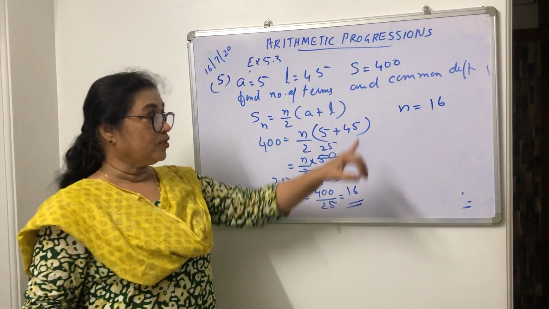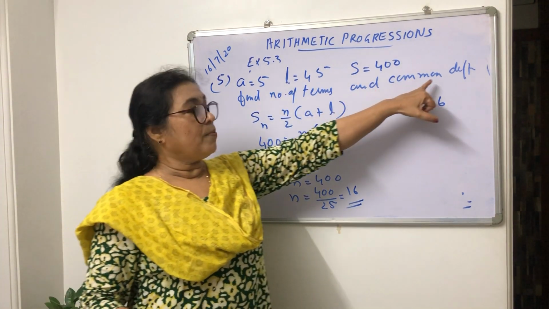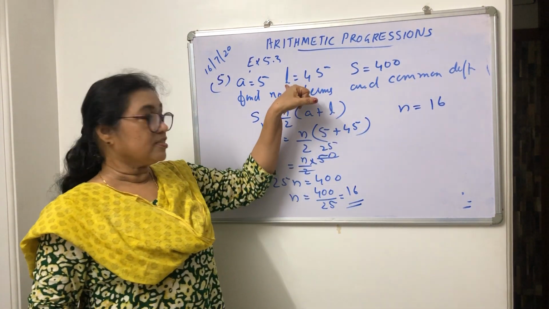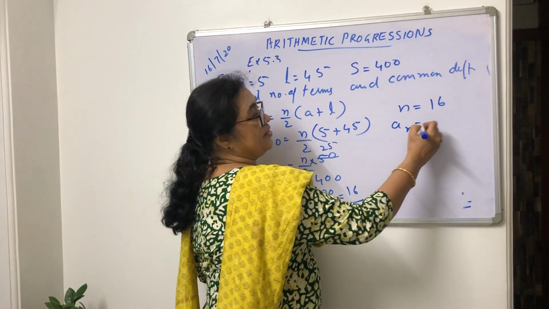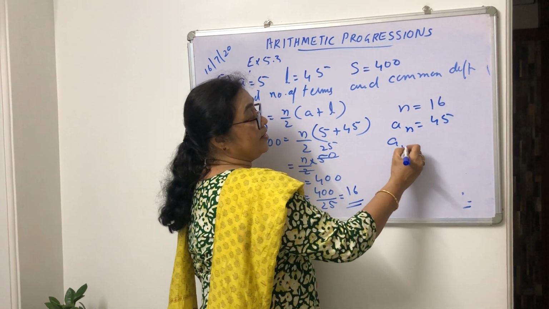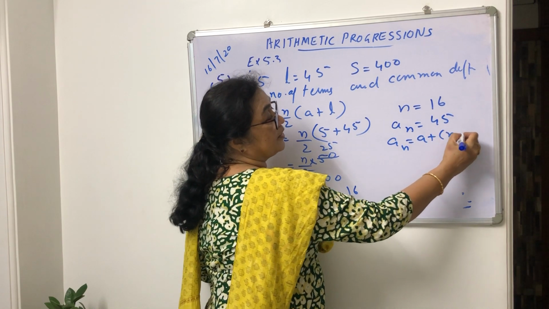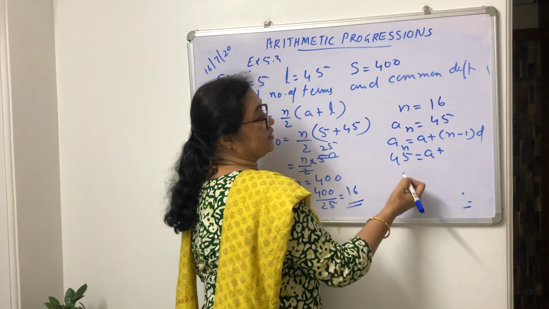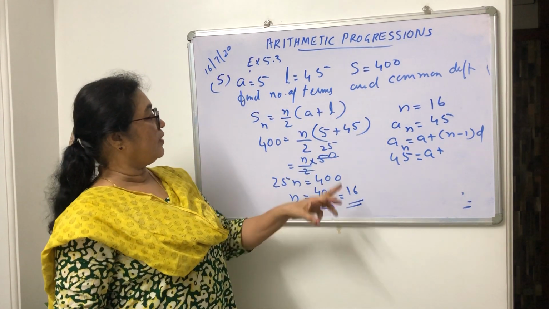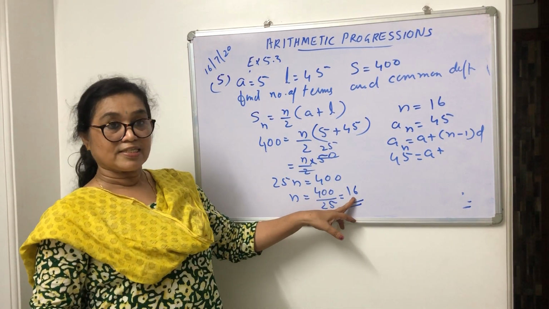You need to find out common difference D. Last term is given 45, last term is AN. AN is 45, AN is A plus N minus 1 into D. 45 equal to A plus N is given. What is N? N you got it as 16.